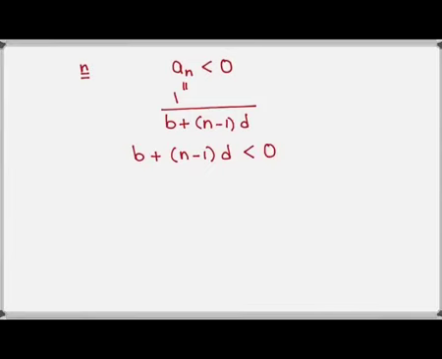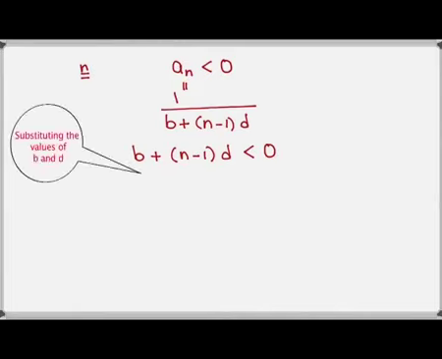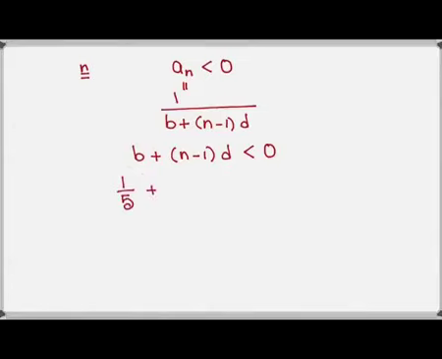So we use this inequality to find out the range of n for which an is negative. Now substituting the value of b and d, here we get 1 by 5 plus n minus 1 into minus 4 by 25 into 19 is strictly less than 0.